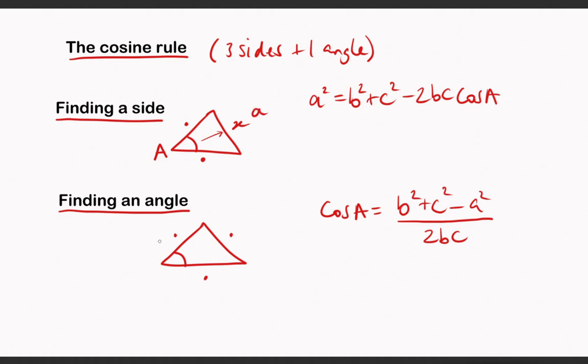Same is true when you're finding the angle. Label the angle you want to find as big A, and the side opposite has to be small a in the formula. The other two, B and C, don't actually make a difference. If you look at the formulas, you can swap them over and it wouldn't make any difference. So concentrate on making sure that A's are in the right place, and the B and the C can be the other two sides. It doesn't matter which way round it is.